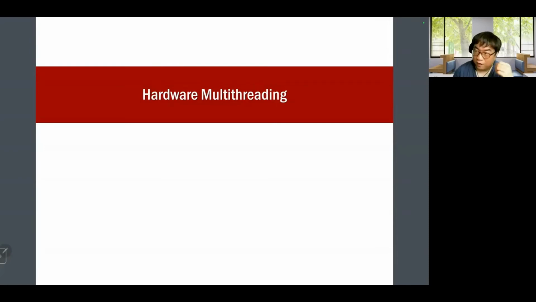So that's why I briefly introduce some concepts of parallel processing. I will also briefly introduce hardware multi-threading. Then what is hardware multi-threading?